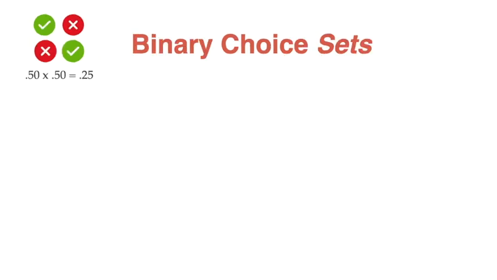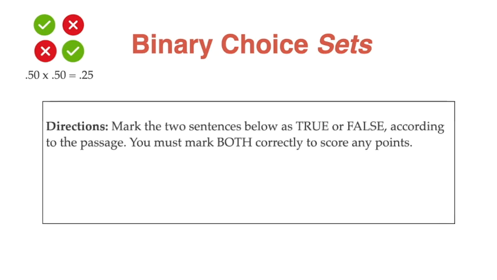Another approach is to put binary choice items in sets of 2 or 3. To get credit, the test taker must answer all items correctly. The probability of guessing both items correctly is 25%, which is about the same as one multiple choice question with 4 options.